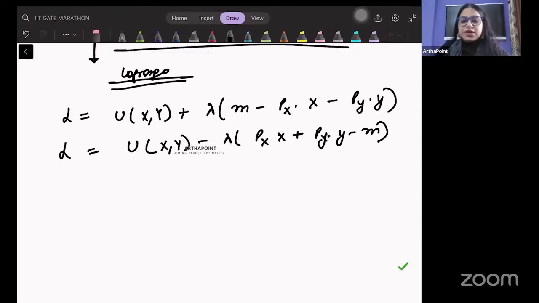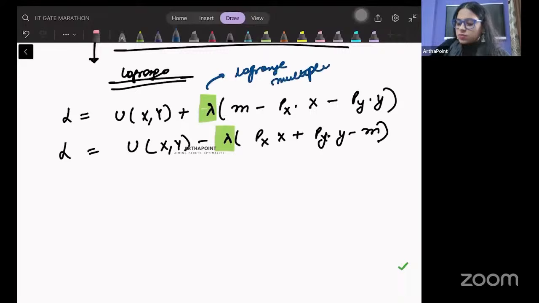Both are correct. Now, इस Lagrange में ये जो lambda, the lambda that you see here, this is called as Lagrange multiplier. And this Lagrange multiplier, इसकी डेरिवेशन क्या है? How do I derive this?